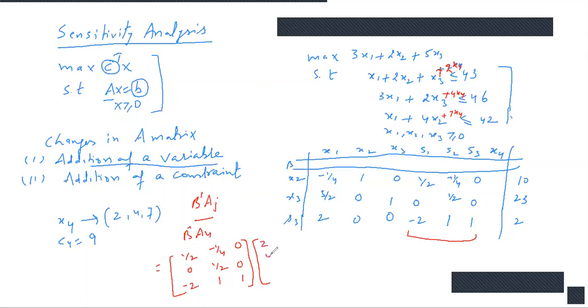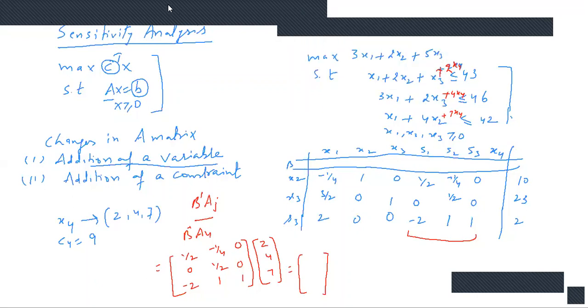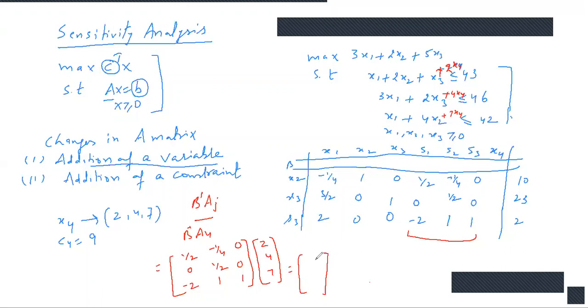A4 is 2, 4, 7. So let us multiply and see what we get.